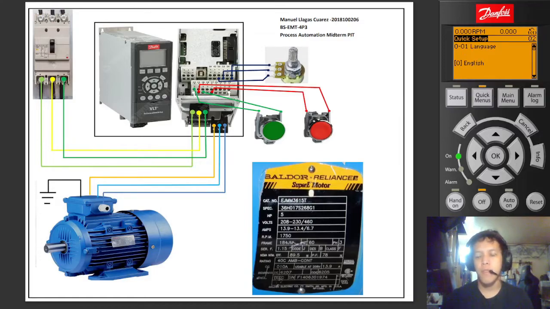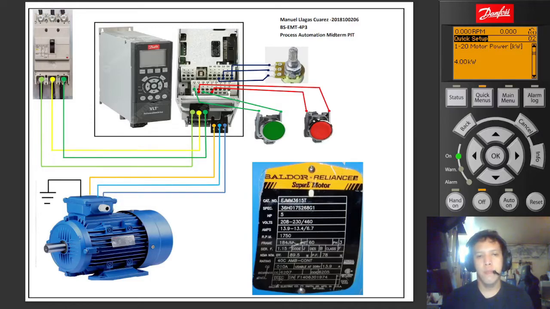I'm going to press down and we're going to set the motor power. We need to get the value for the motor power. As you can see in the nameplate, we have 5 horsepower, so we need to convert it to kilowatts.